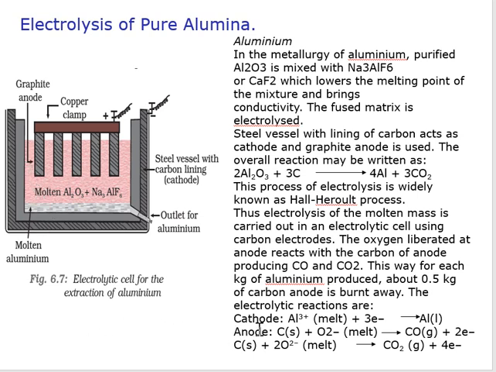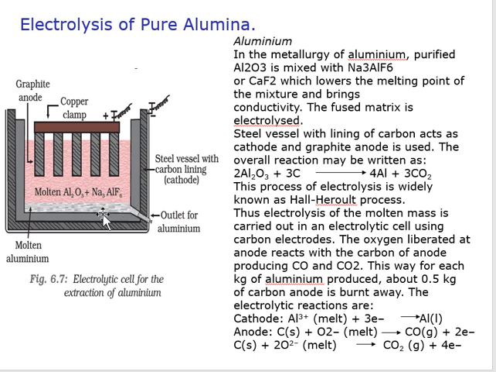So the electrolytic reactions can be written as: at the cathode, the aluminum ion converts into aluminum. So at the cathode we obtain the aluminum. That is the outlet of the aluminum. Aluminum is deposited at the cathode.